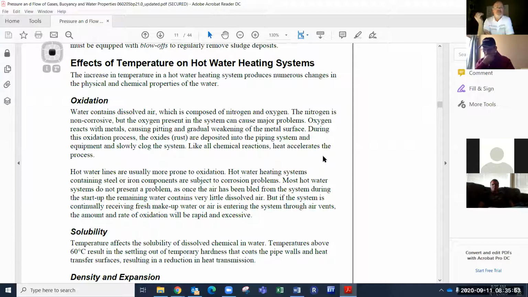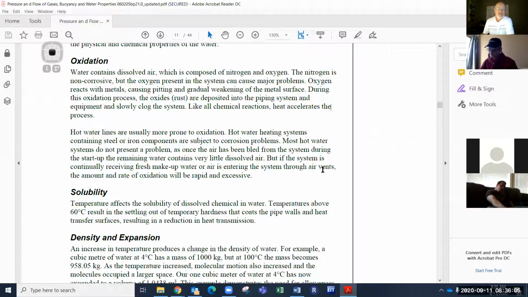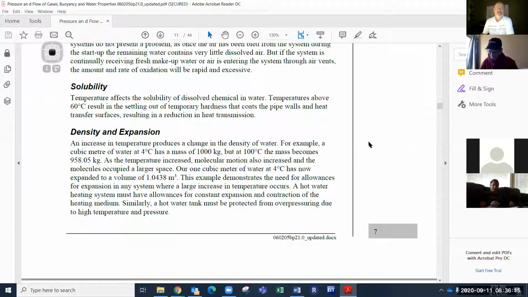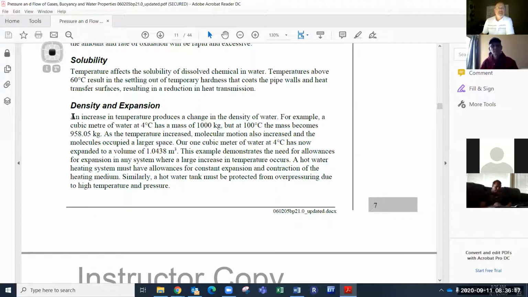They are going to get coated with this stuff all the time. And heat accelerates the process. Temperature also affects the solubility of chemicals in water.